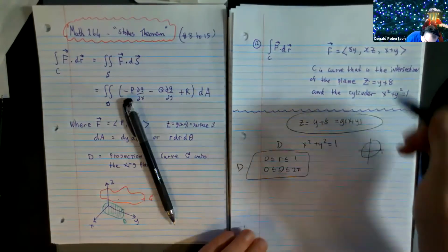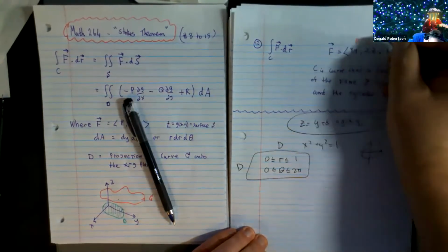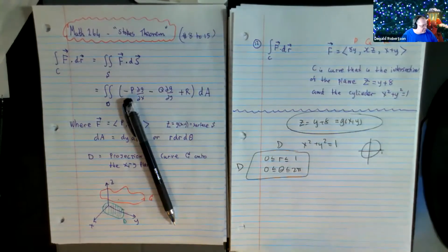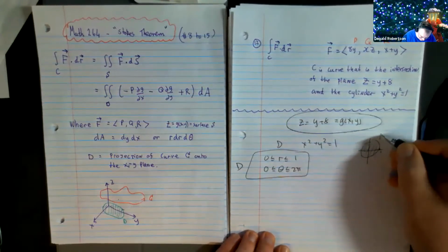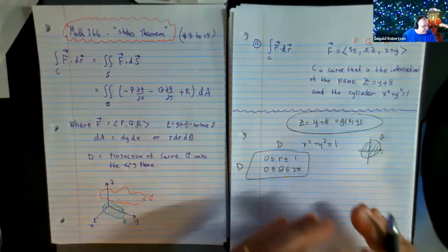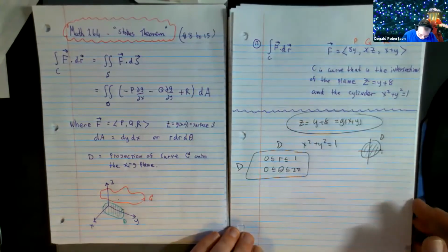And would you agree that P, Q, and R are pretty much freebies? You don't really need to work to get P, Q, and R. Well, that was cool, right? There's the region D. That's what the cylinder would look like if you saw it on the floor.